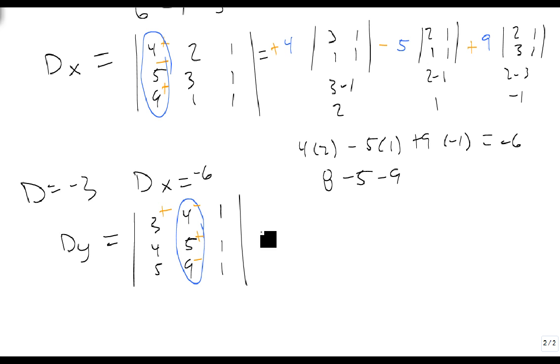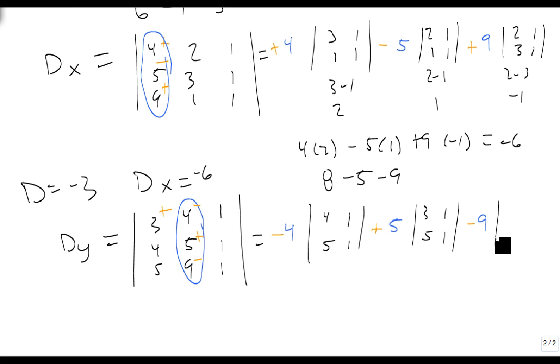So this is going to be equal to a minus 4 times 4, 1, 5, 1, plus 5 times 3, 1, 5, 1, minus 9 times 3, 1, 4, 1.